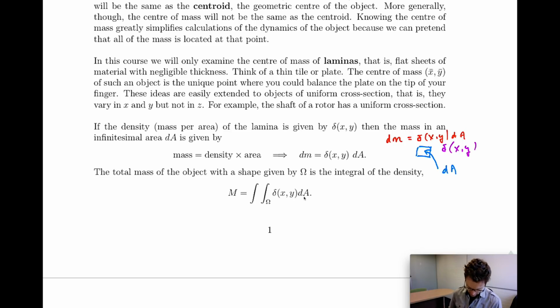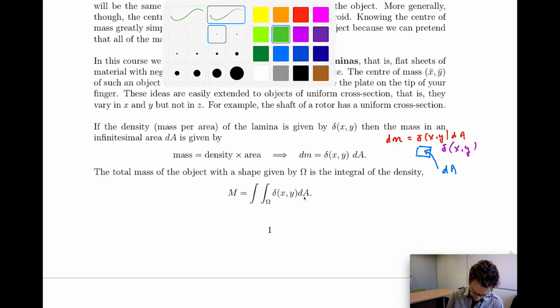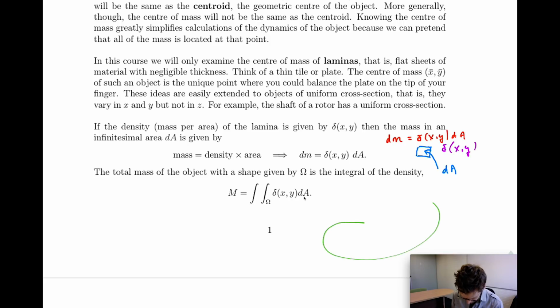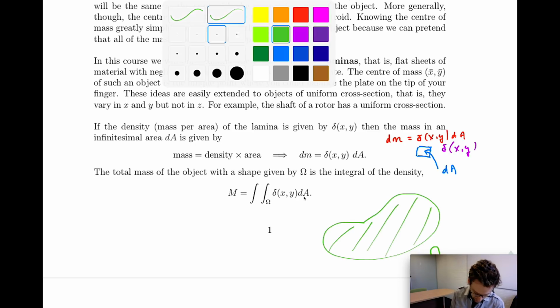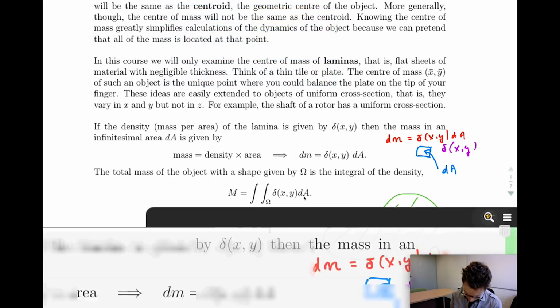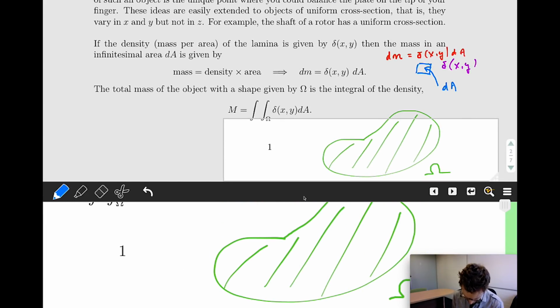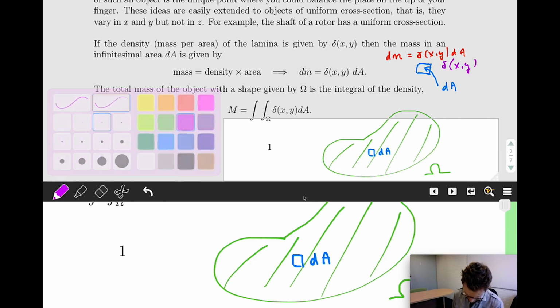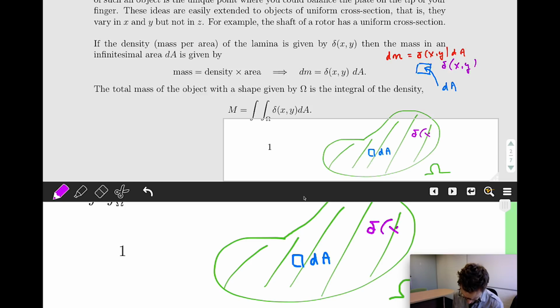So for example, if I've got some funny looking object like this, a bean shape, my region of integration is the shape, and then I'm going to add up a whole bunch of little tiny squares within that shape to calculate what the total mass is. This shape has got an area A, it's got a density delta(x,y) at every point in x and y.